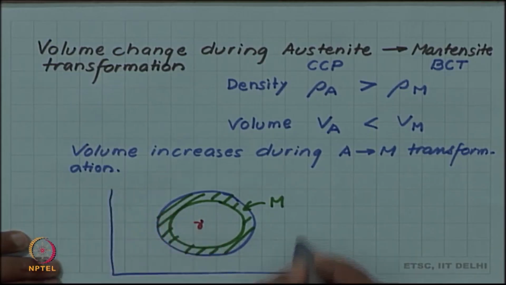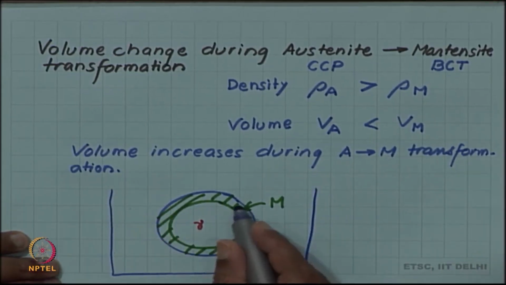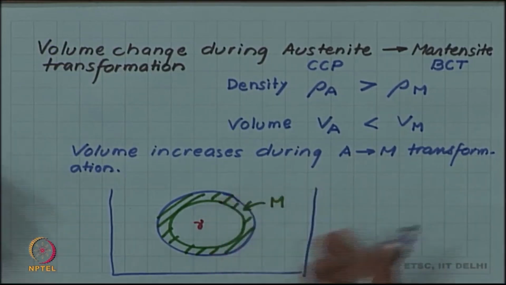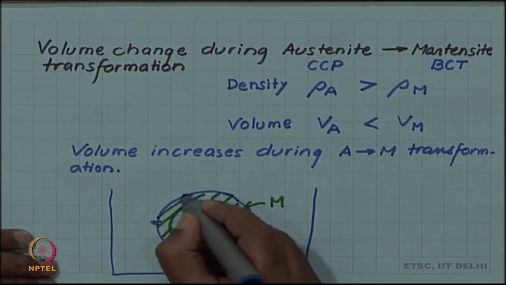So, since the component was in quenching medium, martensite wanted to expand and there was a space for it to expand at least outwardly.